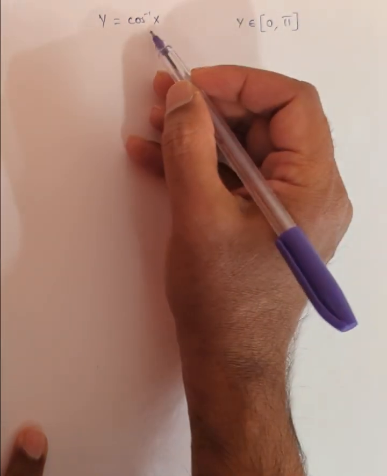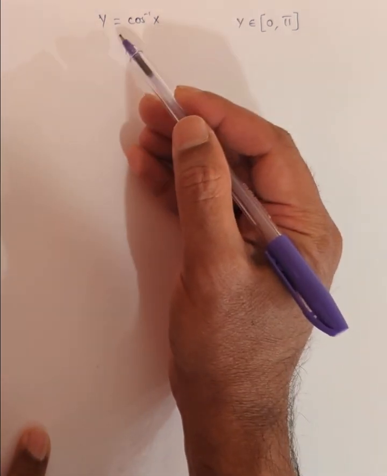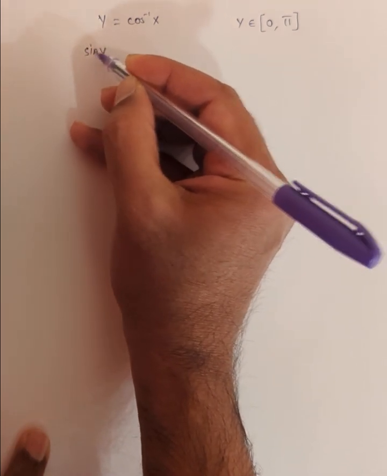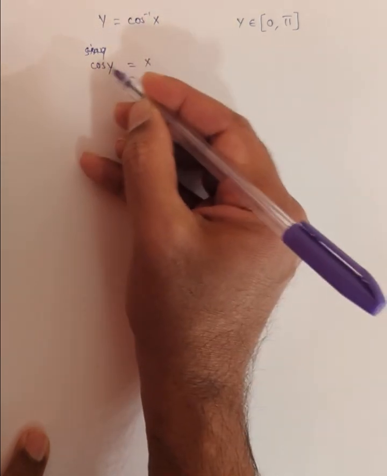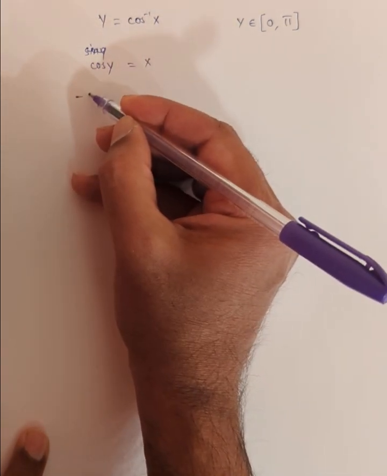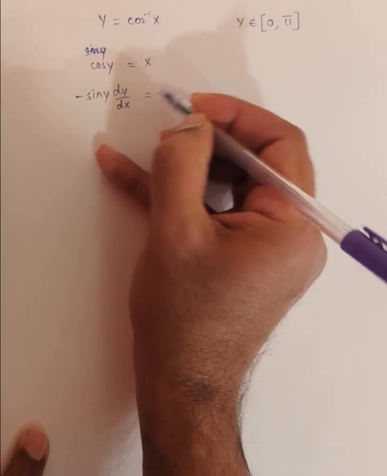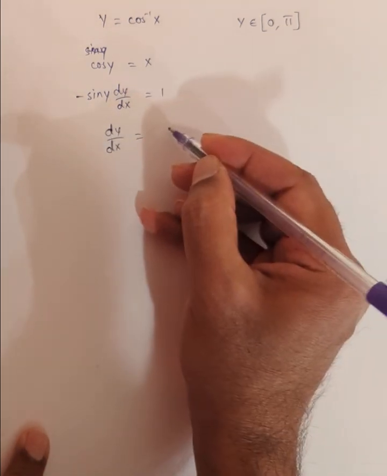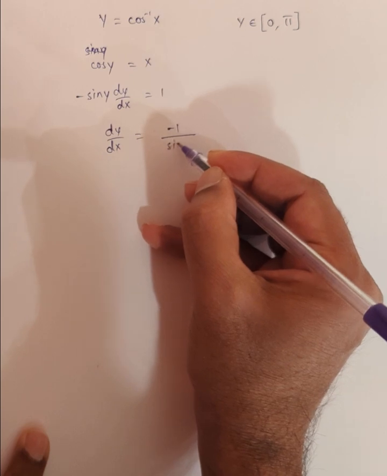So anytime you take cosine inverse, you either get an angle in the first quadrant or the second quadrant. And oops, not sine y, this time it's cosine y equals x. You differentiate, you get negative sine y dy over dx is equal to 1. Dy over dx is, and I can move that negative, negative 1 over sine y.